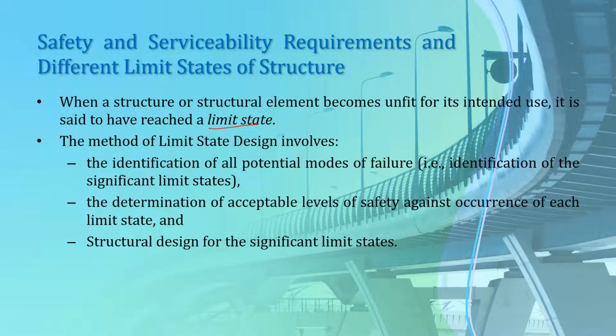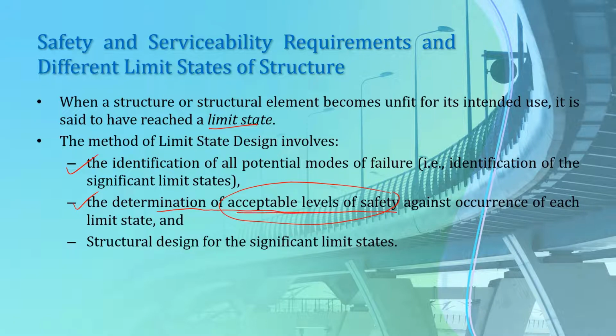So the method of limit state design involves three main steps. First is the identification of all possible modes of failure, that is, identification of the significant limit states. The second step is the determination of acceptable levels of safety against occurrence of each limit state. These acceptable levels of safety are usually determined by a building code, if we are using a design based on a certain code of practice.